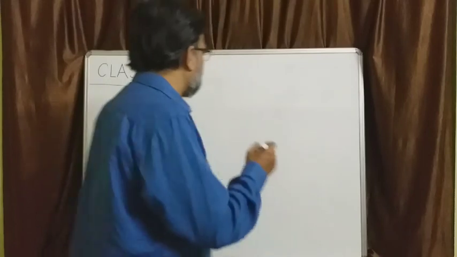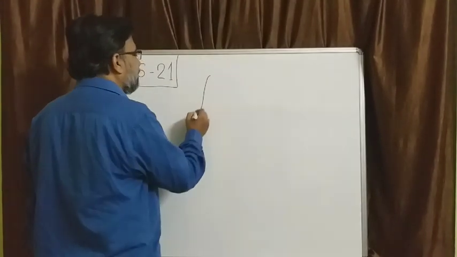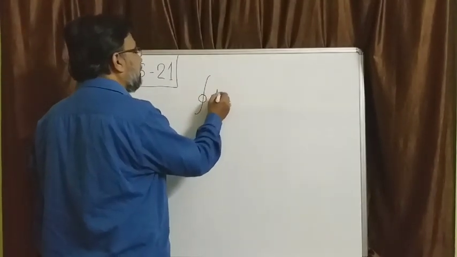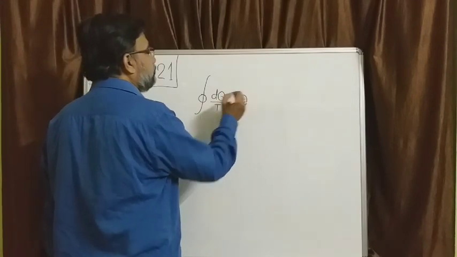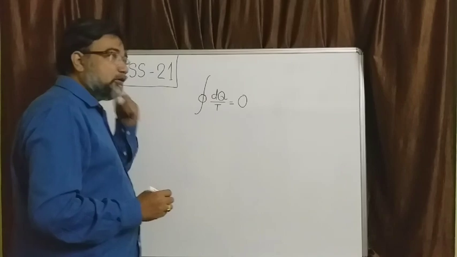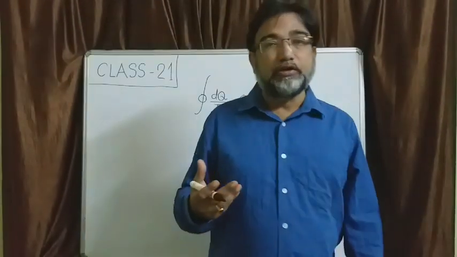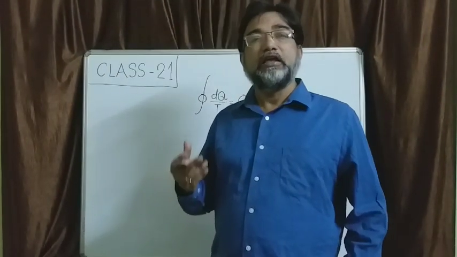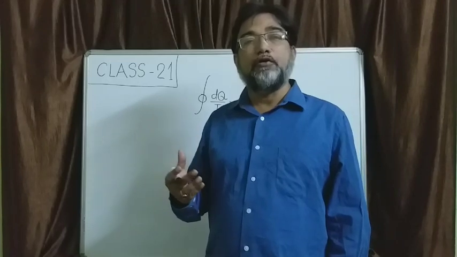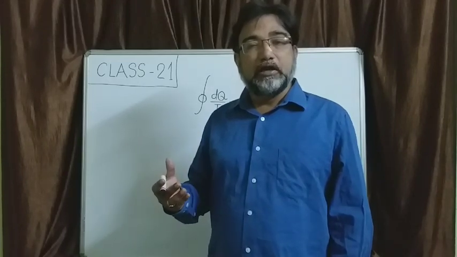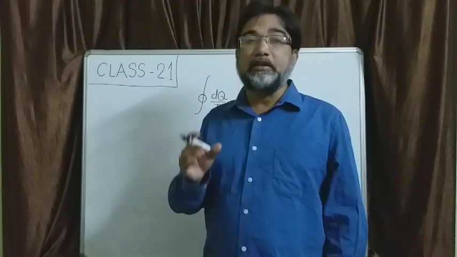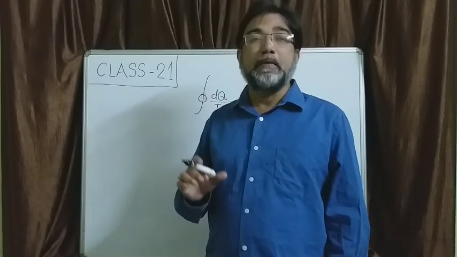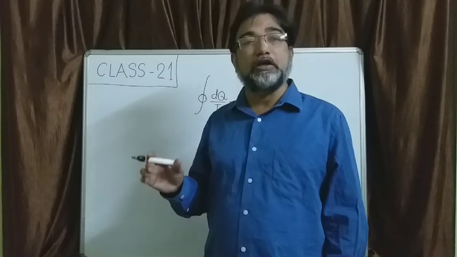that for a reversible cycle, the cyclic integral of dq by T is equal to 0. We have learned earlier that if the cyclic integral of any differential term happens to be 0 over a cycle, then that differential term may be the differential expression of a property.